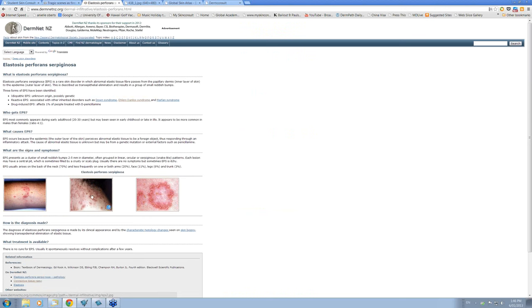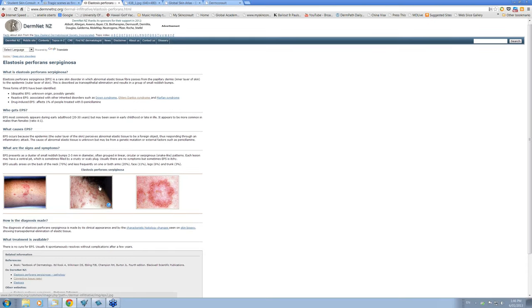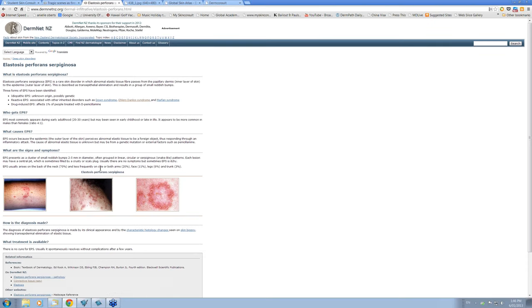Remember, this is a disorder of elastic tissue, thick fibers of elastic tissue that are expelled through the surface of the skin, and this condition can be associated with a variety of other disorders. So if you see elastosis perforans serpiginosa, go looking for other conditions that they may have. And here are these inherited disorders here. Down syndrome, again with these keratotic papules, Ehlers-Danlos syndrome, Marfan syndrome.